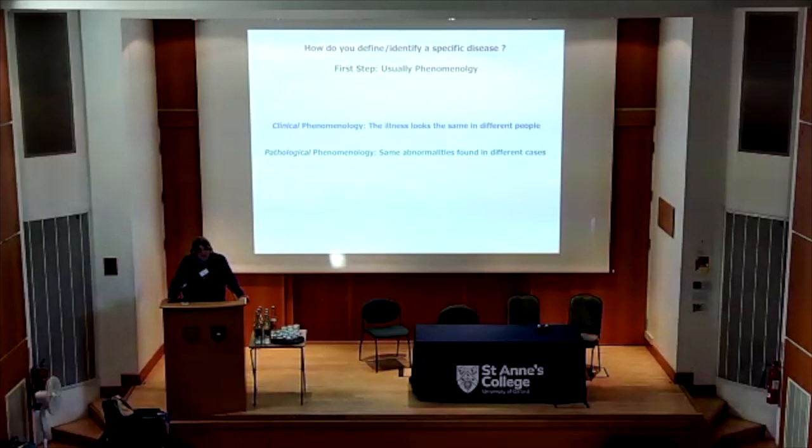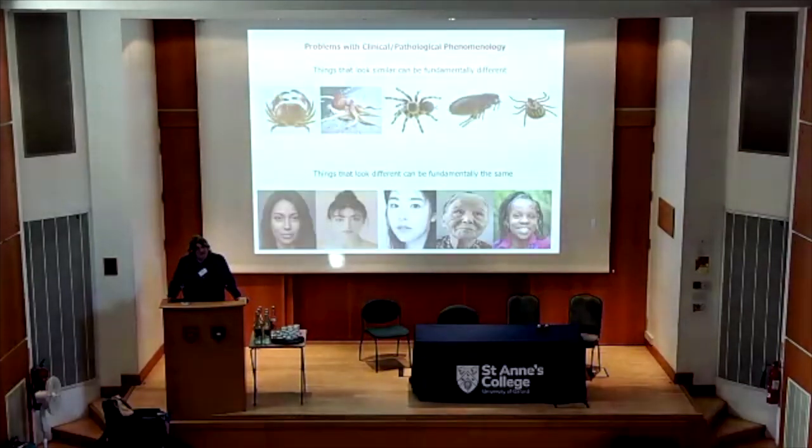In other words, clinical phenomenology. A clinician sees somebody with an illness, and then they see somebody else with an illness, and they think, these two people look very similar, so we'll call it a disease. And there's pathological phenomenology, where a pathologist sees the same pathological abnormalities in different cases and groups them under one name.